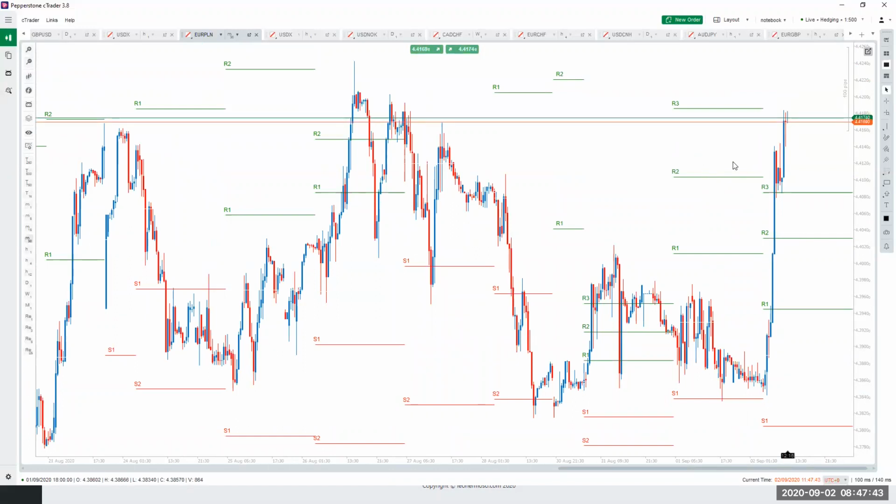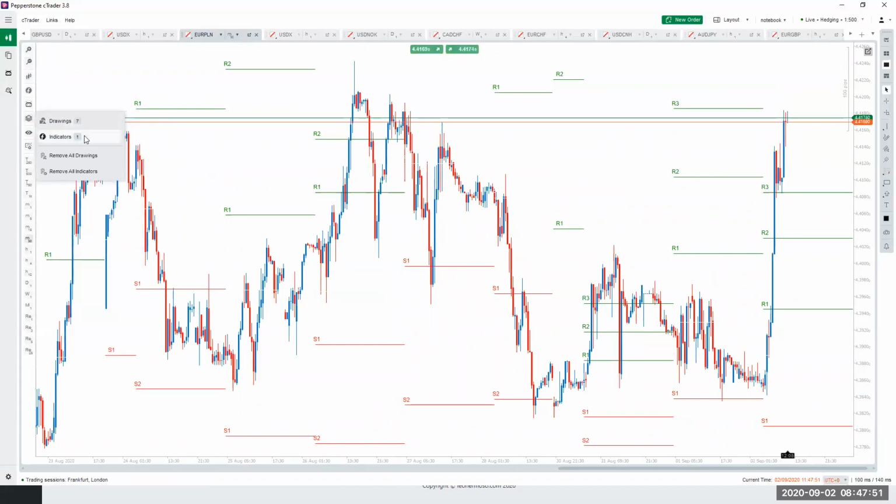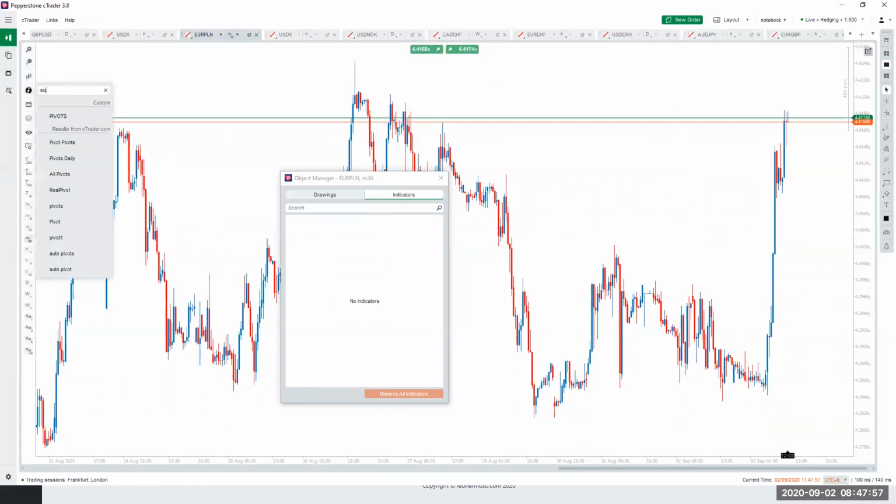But again, friends, this is something you should not use alone. You have to use it in combination with other tools. For example, let me add again here the supply and demand indicator. Let's see one thing.